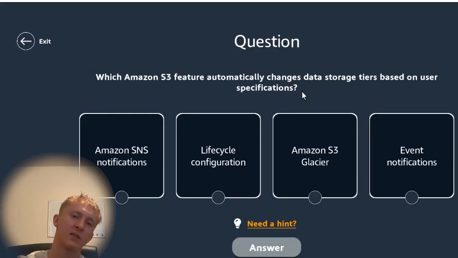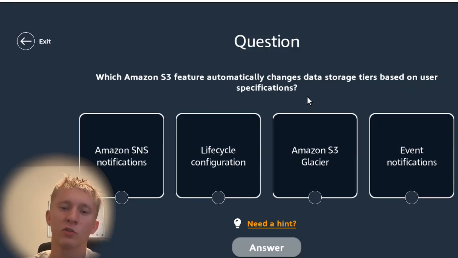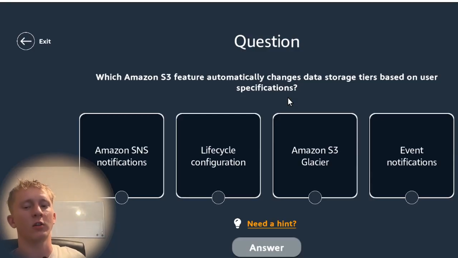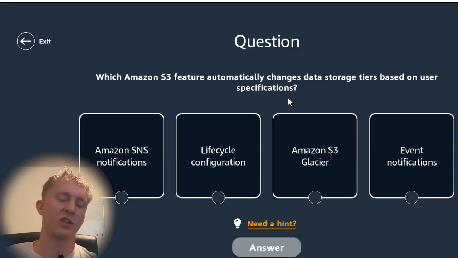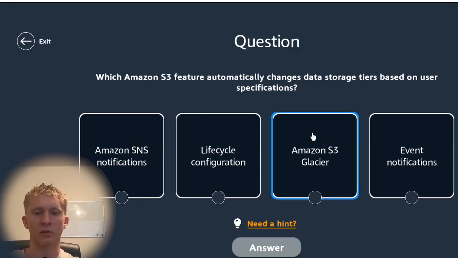Which Amazon S3 feature automatically changes data storage tiers based on user specifications? I mean, this has got to be pretty easy, but let's read the answer choices. Amazon SNS notifications. Lifecycle configuration. Amazon S3 Glacier. Event notifications. Amazon S3 Glacier is a storage solution. It has absolutely nothing to do with what we're talking about.